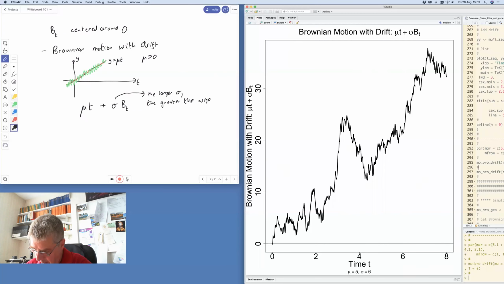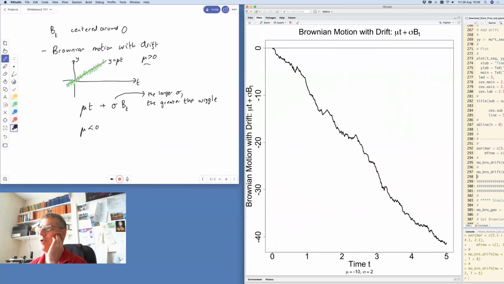Now, obviously in this case, mu is greater than 0, but that doesn't stop us from taking a negative value. And my next line of code there shows Brownian motion with a negative drift. And so we can see we've got a wiggle that's going down.